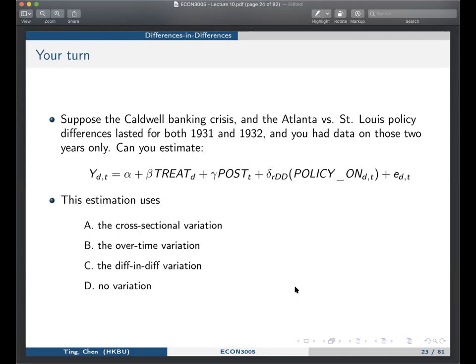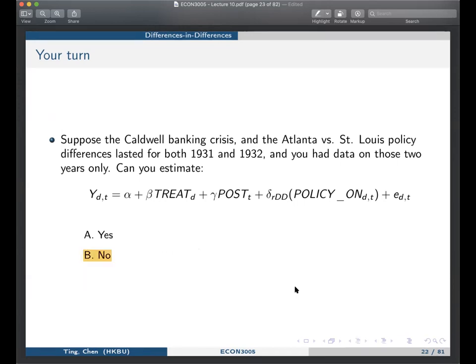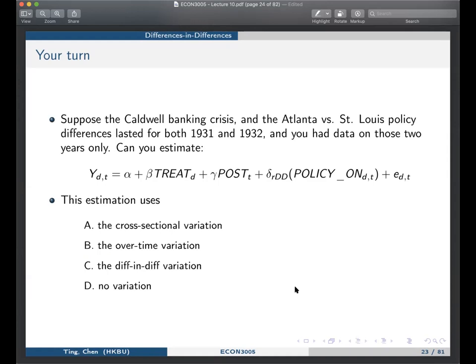Can you estimate this? Well, we already answered, we cannot use this estimate. Think about that. What kinds of variation do we have if we apply this DD regression?